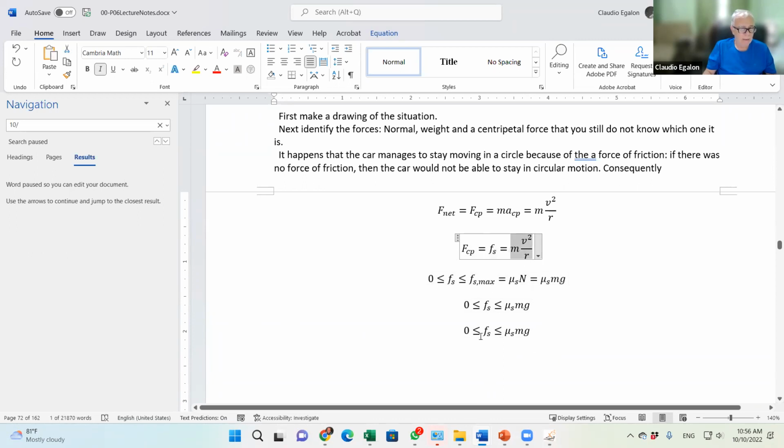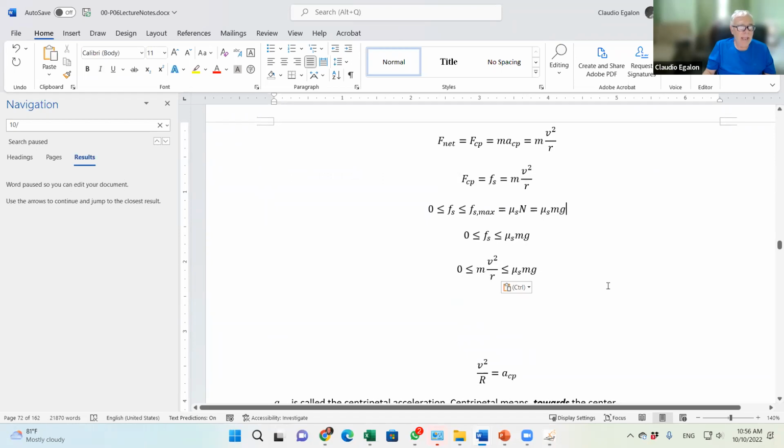There is an equation here that we are using in this inequation. This is an equation, this is an inequation.